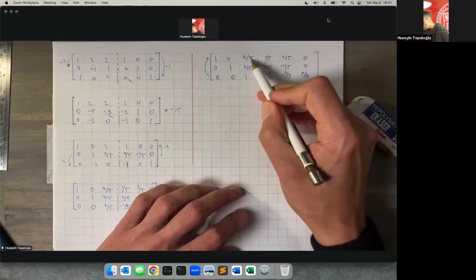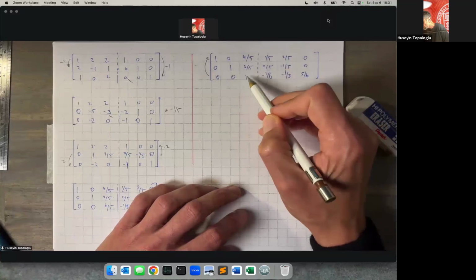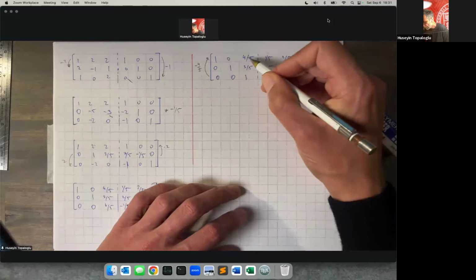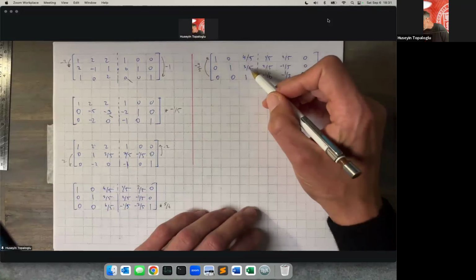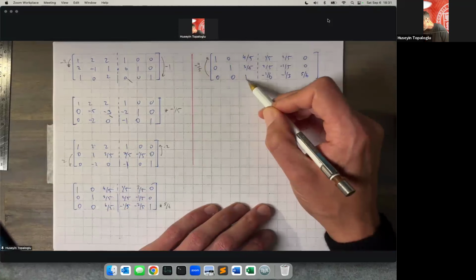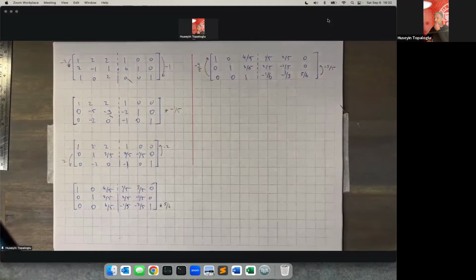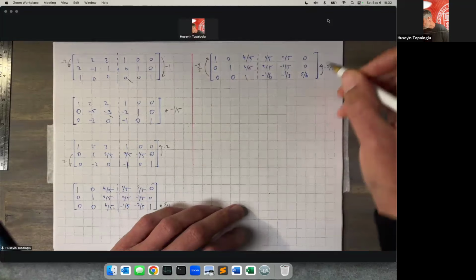I want to turn this one into a 0. If I want to turn this one into a 0, I'm going to take this row, multiply it by minus 4 over 5, and add it over here. And likewise, if I want to turn this number into a 0, I'm going to take the third row, multiply it by minus 3 over 5, and add it to the second row.